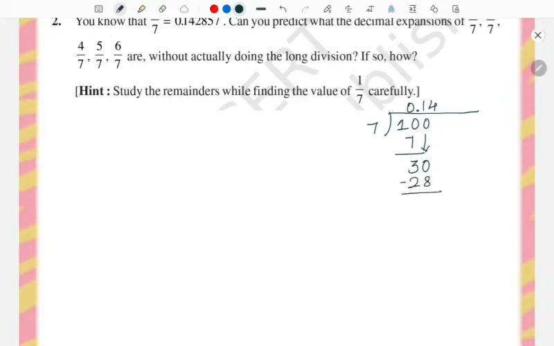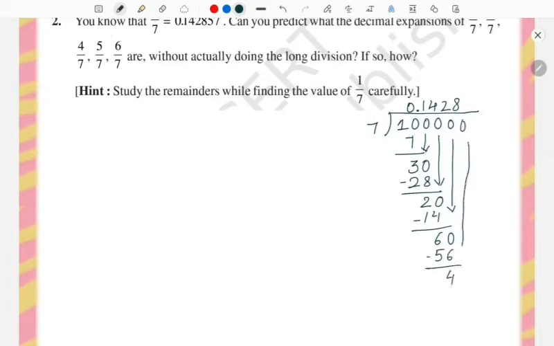The remainder would be 2. Right? Add another 0. We get 20. 7 2s are 14. The remainder would be 6. Adding another 0. This becomes 60. Right? 7 8s is 56. The remainder would come out to be 4.